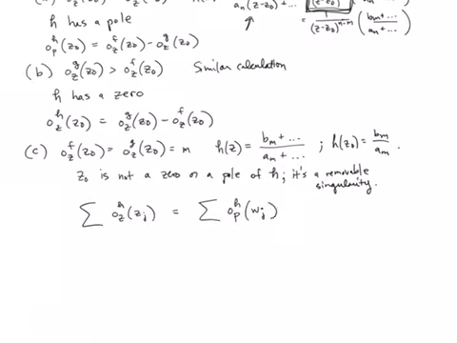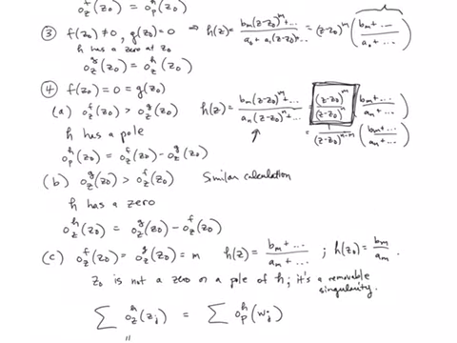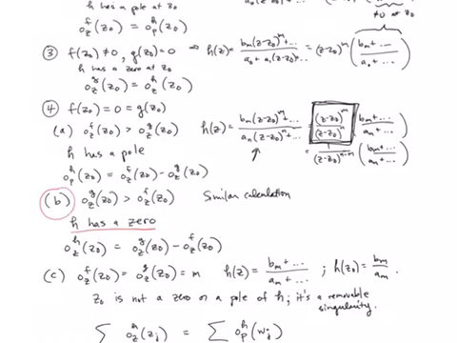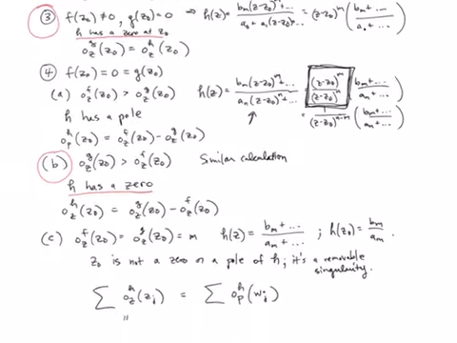Well, so the sum of orders of zeros of h, so when do we have a 0 of h? So h has a 0 here, so that's in 4b. H has a 0 here, so that's in case 3, and those are it, right?